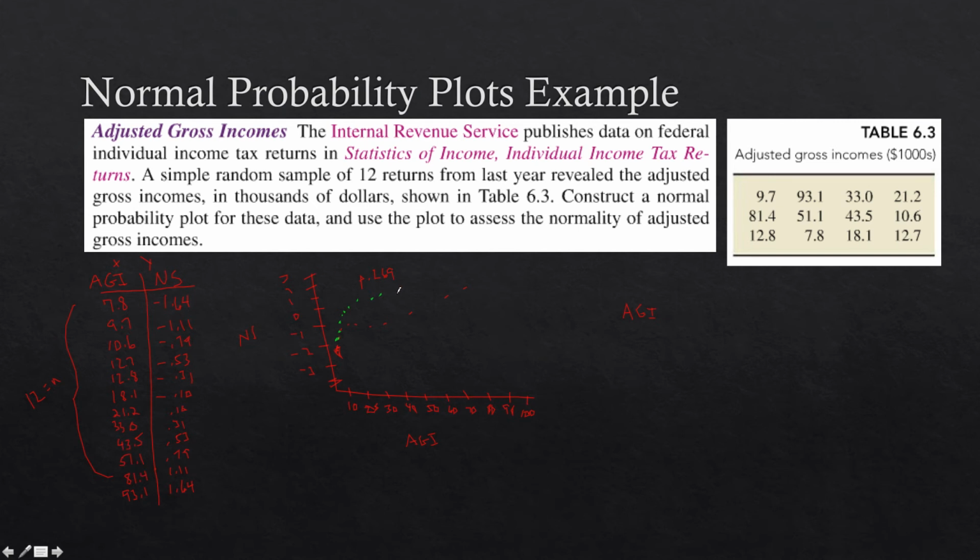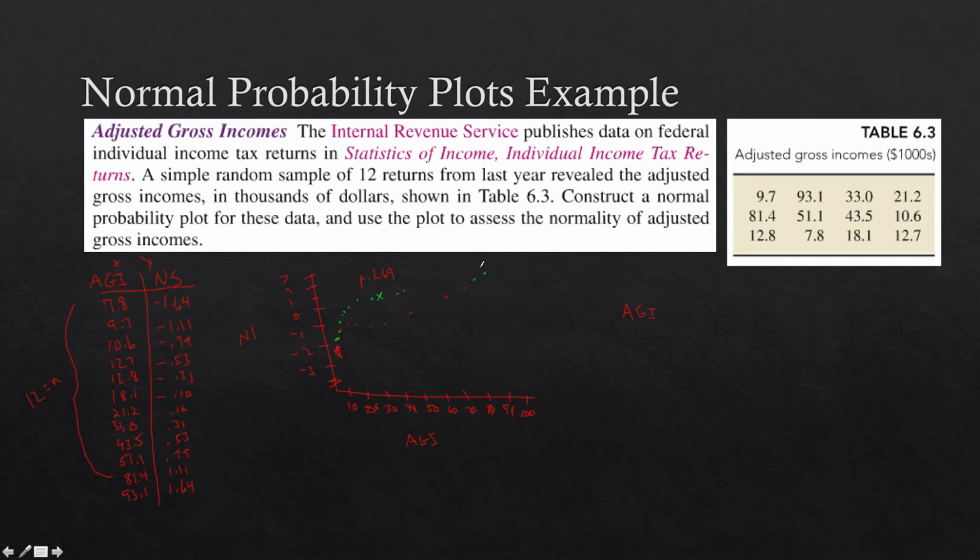Well, actually, it should be more out here. Sorry about that. And then you should have 51.1 is 0.79, so it should be a little closer to 1. Then you should have 81.4 as 1.11, and 93.1 is 1.64.